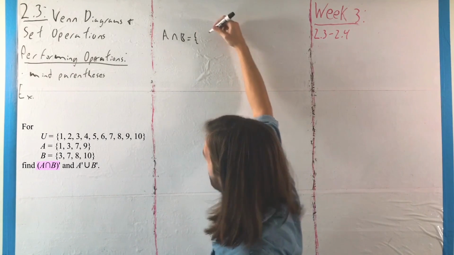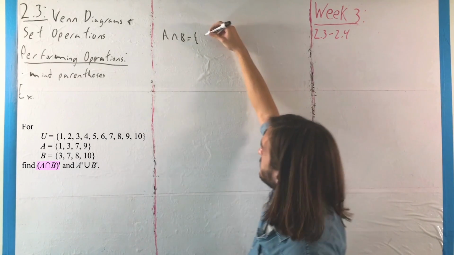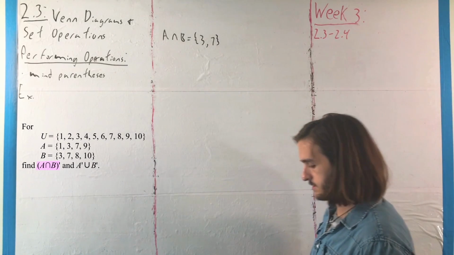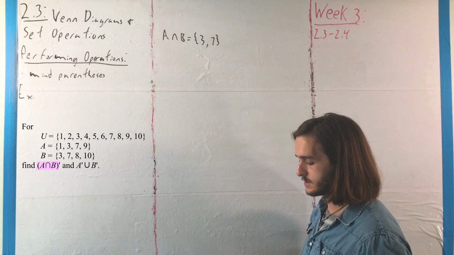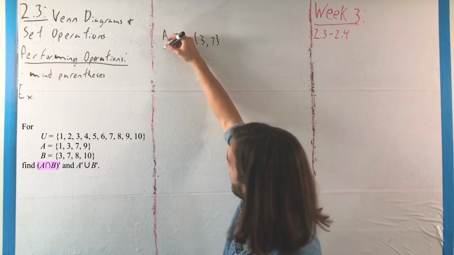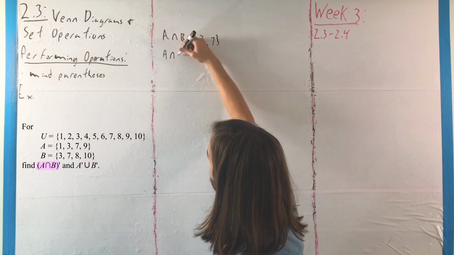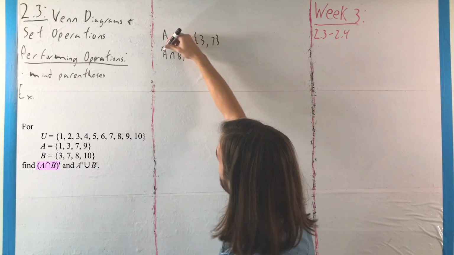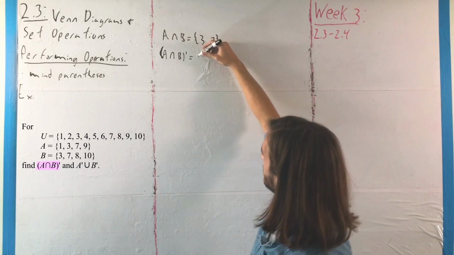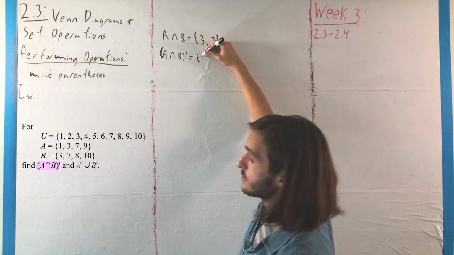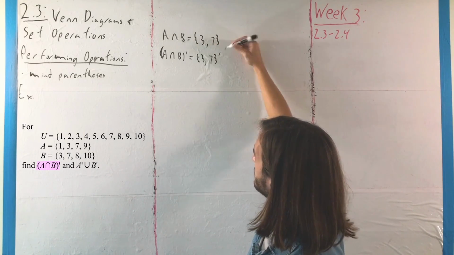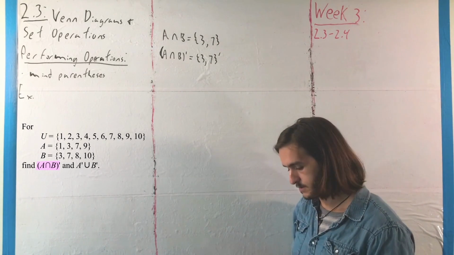The elements shared by both A and B, which are 3 and 7. As A is 1, 3, 5, 7 and B is 3, 7, 8, 10, only 3 and 7 are common between them. So if we want to find (A intersect B) complemented, that would mean finding the complement of the set {3, 7} within the context of the numbers 1 to 10.